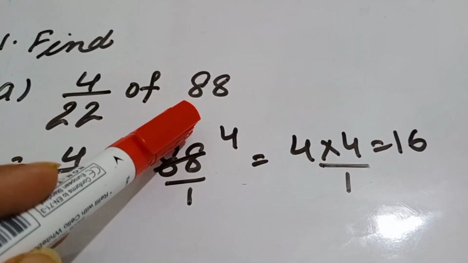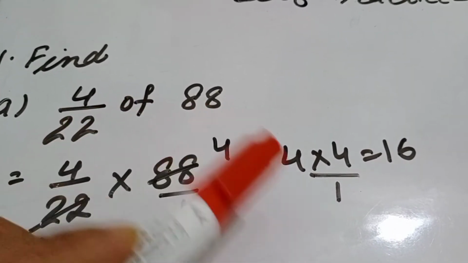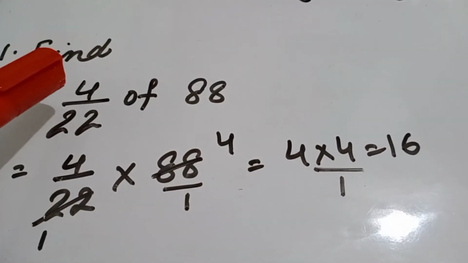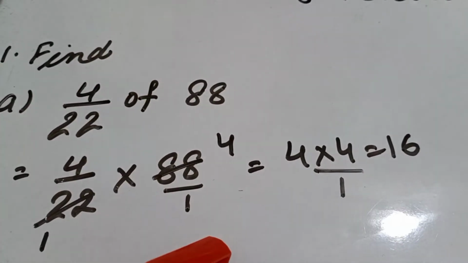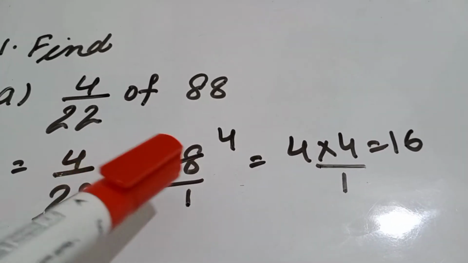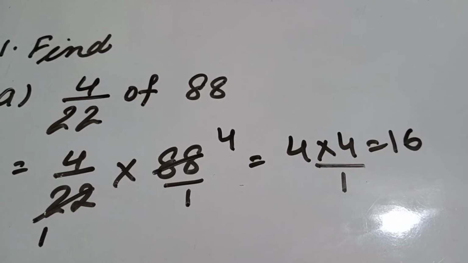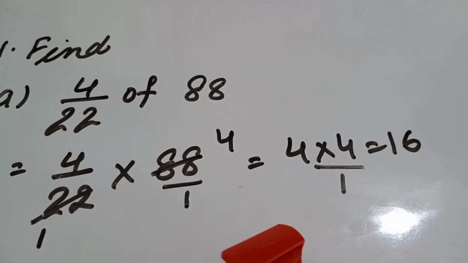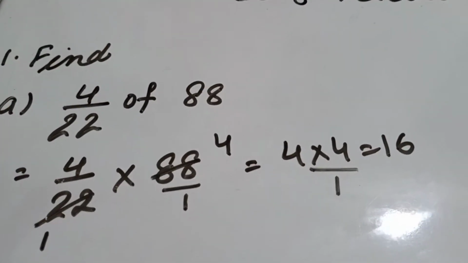When we divide 88 things into 22 equal parts, 4 parts of that will have 16. So 1 part will have 4, and 4 parts will have 16.